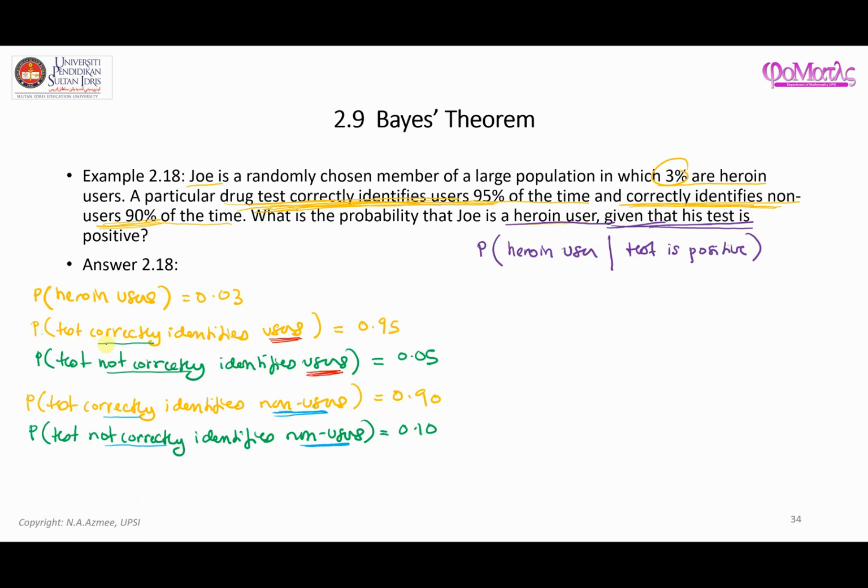For example, here, when the test correctly identifies users, what does it mean by that? When the test correctly identifies users, this is actually the probability that you get a positive result given that the person is a heroin user.